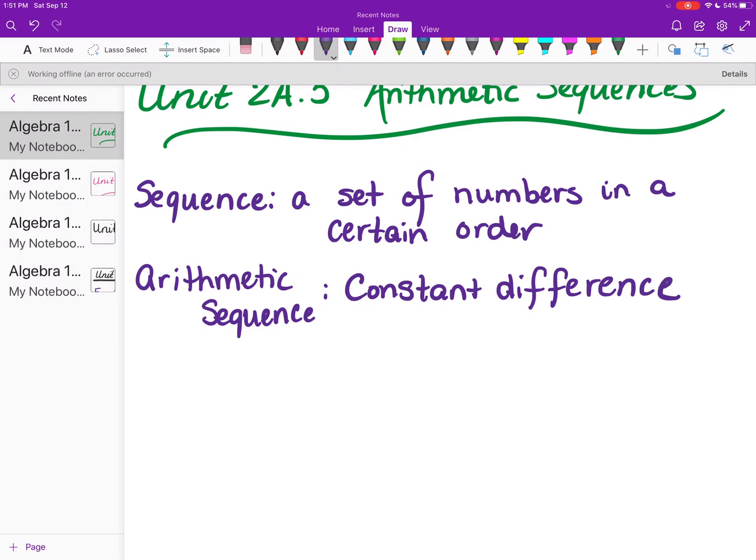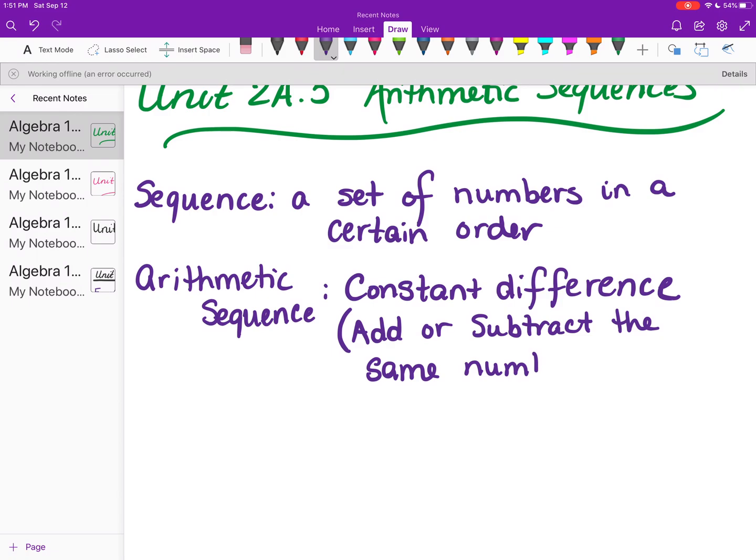Here's another way of saying constant difference: we're going to add or subtract the same number every time. Okay? So let's do a couple examples.